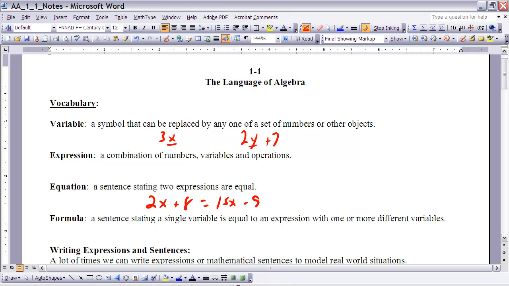An example of a formula would be the area of a rectangle is equal to the length of that rectangle times the width of that rectangle. We have one variable, A, for area, is equal to the product or the sum or any amount of operations involving one or more other variables, in this case length and width.